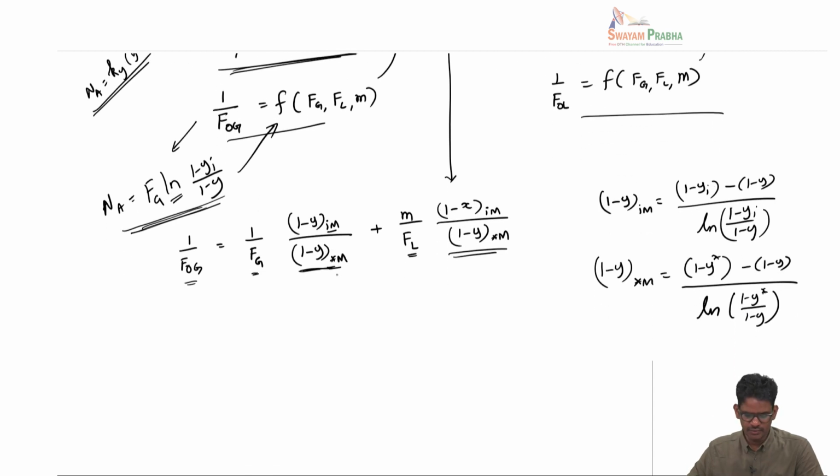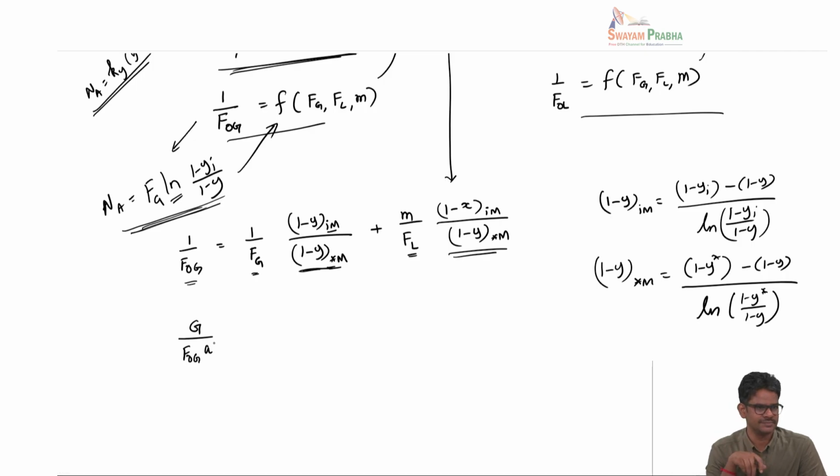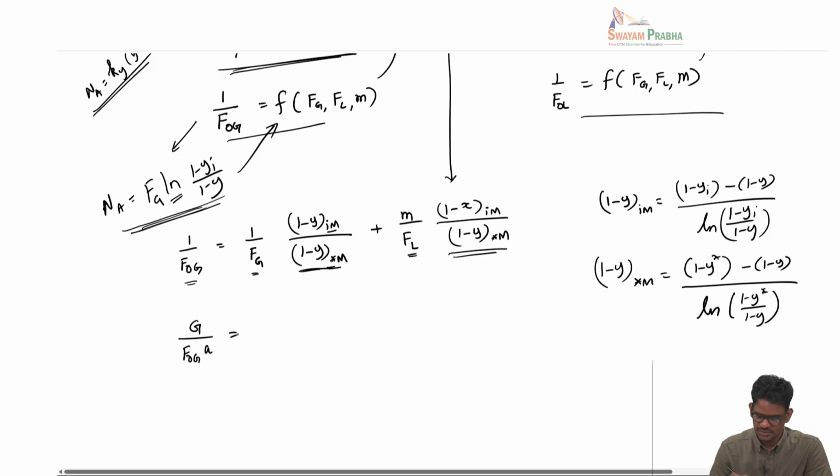Now what I can do is multiply by the term G by A across. So I'll get G by FOG A. Why I'm doing that is because the left hand term now is HTOG. This equation is actually equation 5.25 A in the textbook. You can find the derivation of this.